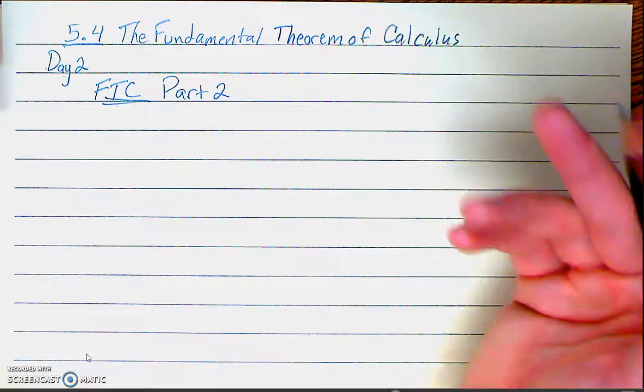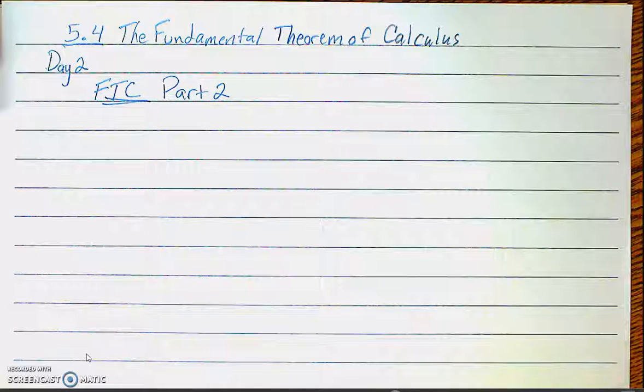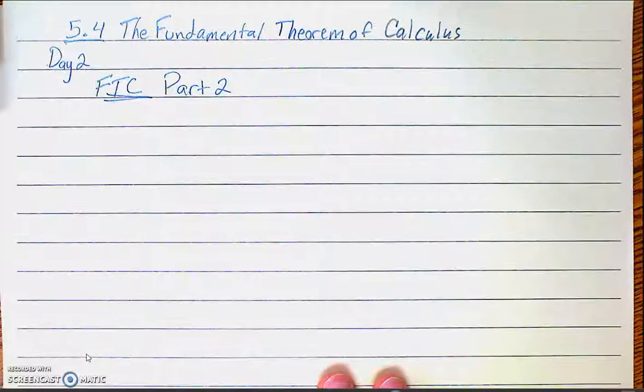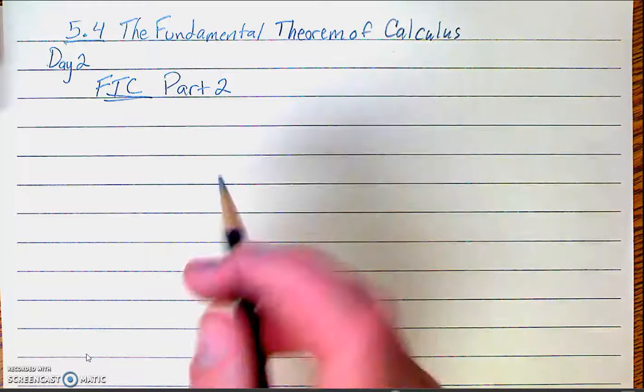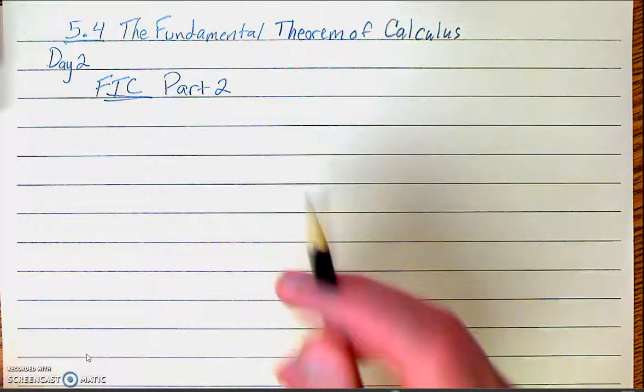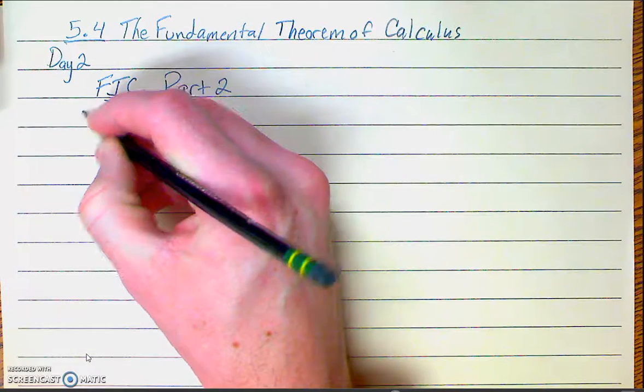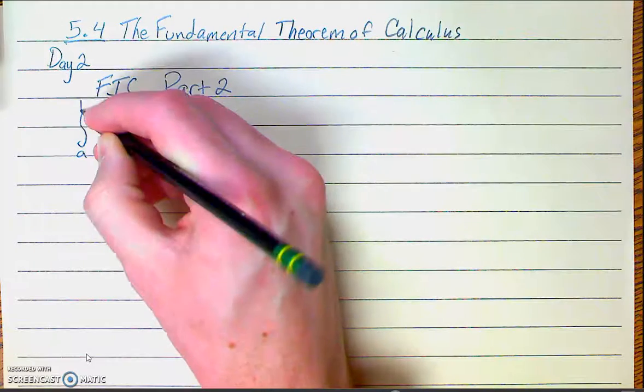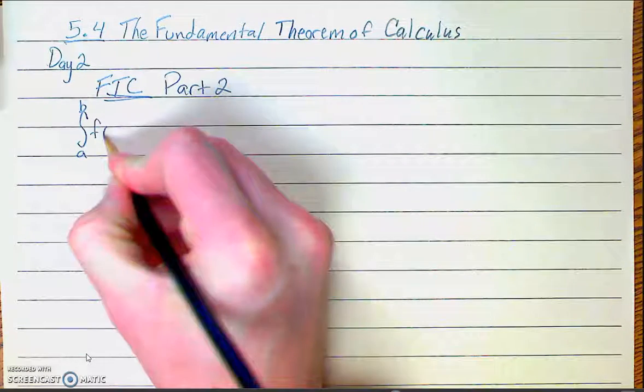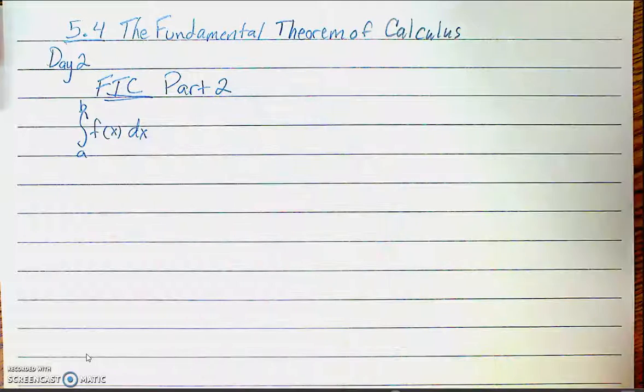And we actually have already learned that. Part 2 of the Fundamental Theorem of Calculus is what we learned yesterday in class about how to evaluate a definite integral from a to b of little f of x dx. So just a little reminder on this.